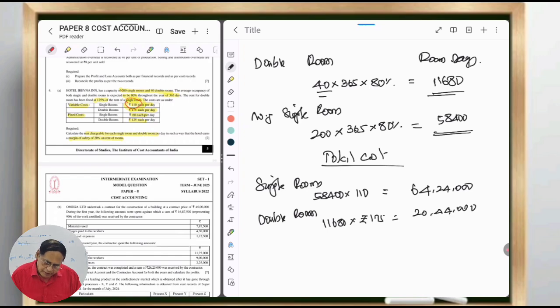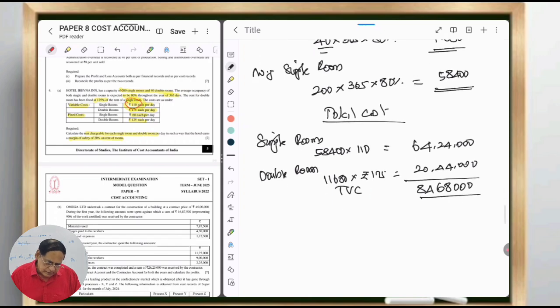This is total variable cost. If you add, that is 64 lakhs 24,000 plus 20 lakhs 44,000, that is 84 lakhs 68,000. It is the total variable cost.